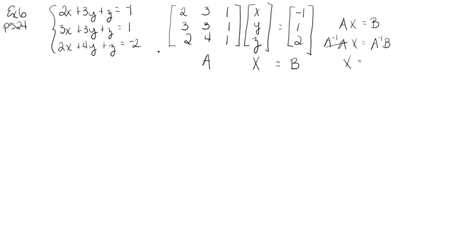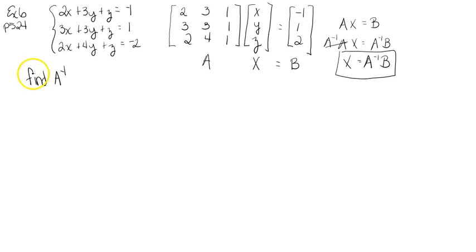And then I'm left with X is the inverse matrix of A times B. And if I can find what the inverse matrix of A is and multiply it by B, then I have solved for X. And so that's exactly what I'm going to do. I am going to find the inverse of matrix A. Or actually, you're going to do it.